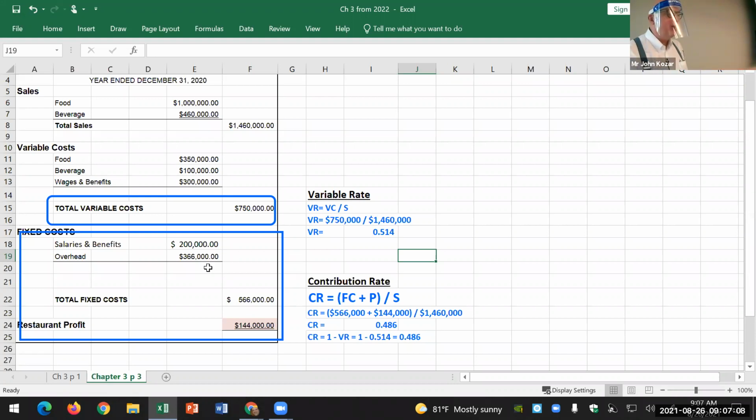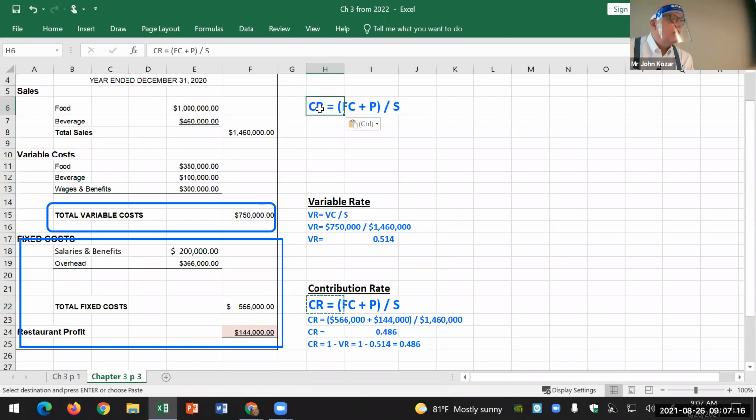Now, the way this is going to be helpful is if we rewrite this formula, the PowerPoint is going to explain this, so we'll come back to this after we do the PowerPoint.